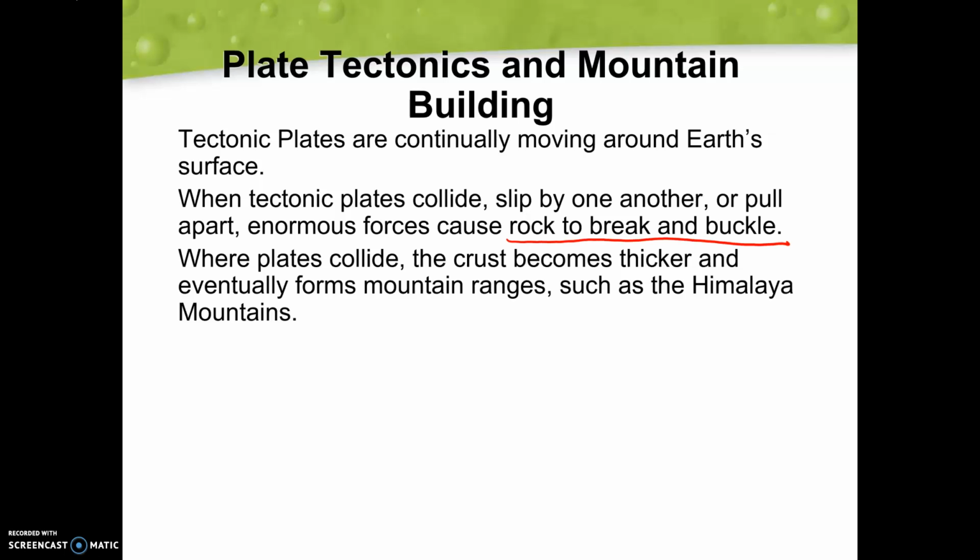When they collide, our crust is going to become thicker, and they're going to form mountain ranges. An example would be our Himalayan mountains, and all the different mountain ranges that we see. We see them along the coast of Chile. That's another mountain range that we would see there.